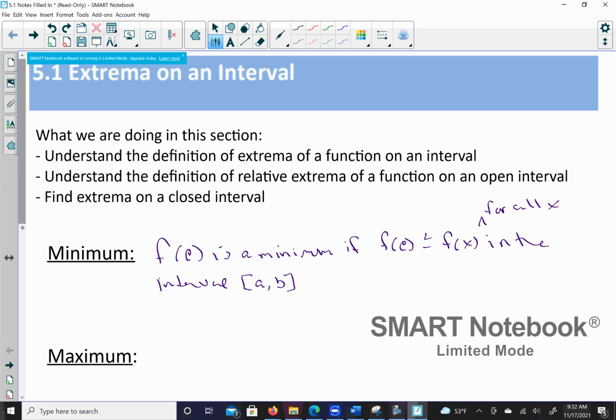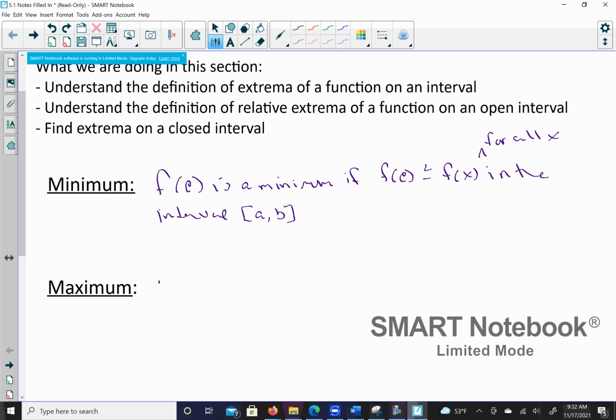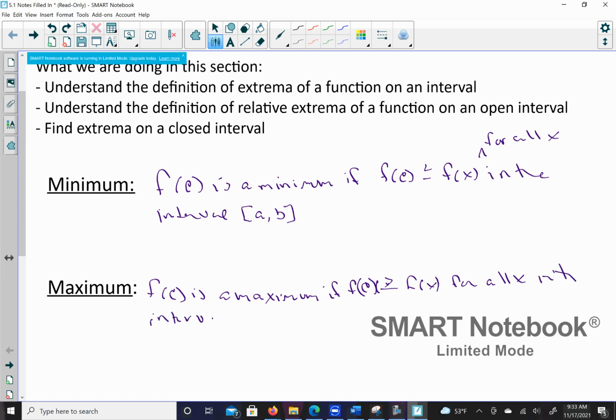A maximum would be the exact opposite: f of c is a maximum if f of c is greater than or equal to f of x for all x in the interval from a to b.